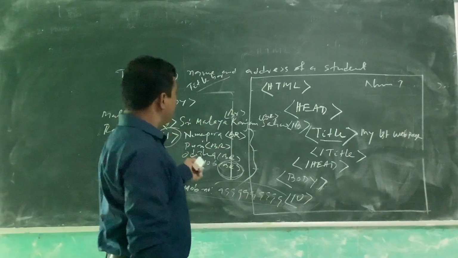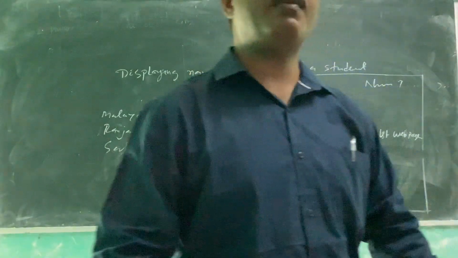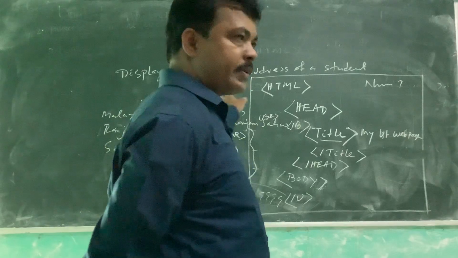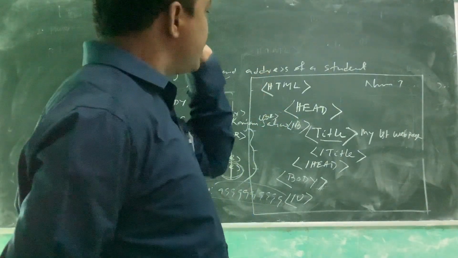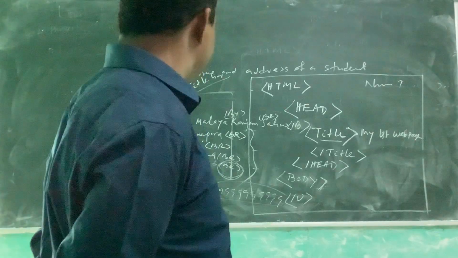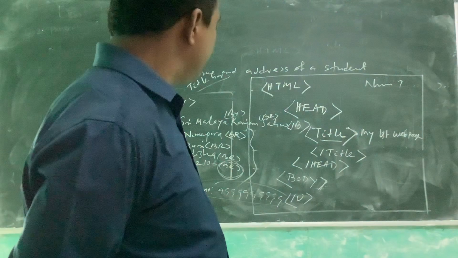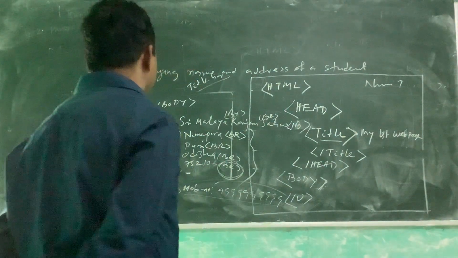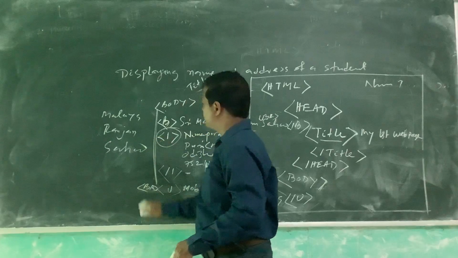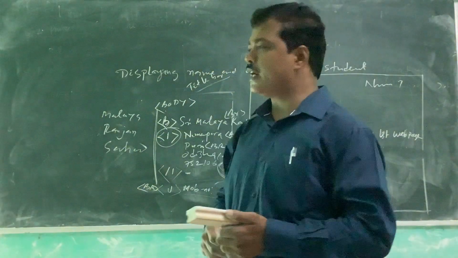Okay. And now our task is over. We have to write the name, address and phone number of a student, giving the special effect: bold face to the name, italic face to the addresses, and underlining to the mobile number. So now there is nothing to add in this web page.